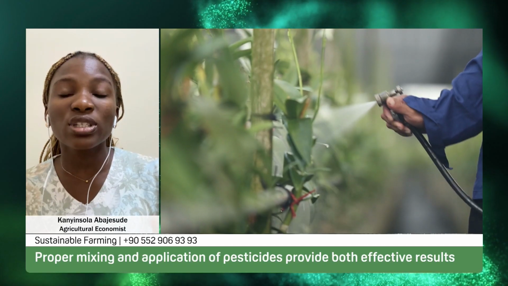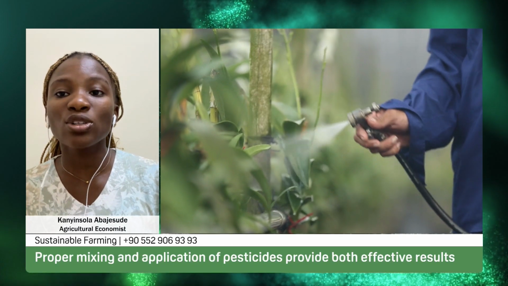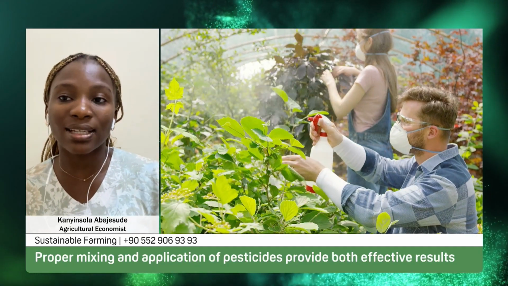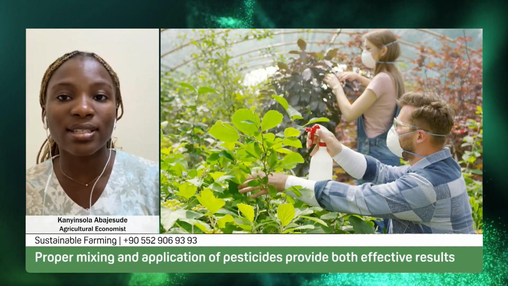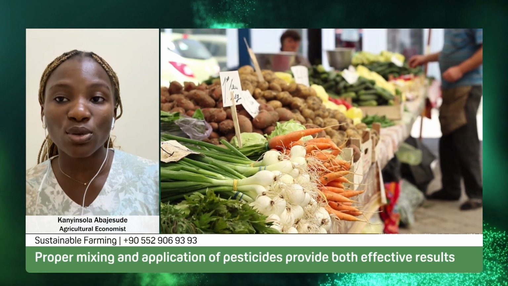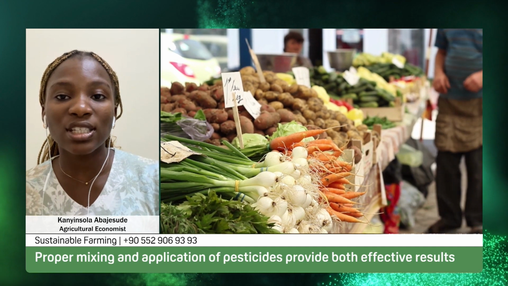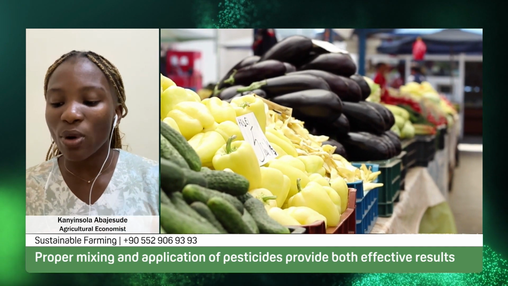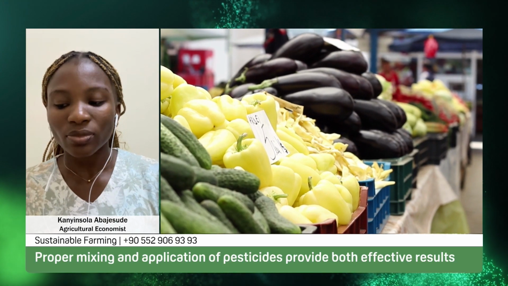When you see reasons for you to spray, that is when you should spray. You should not just spray like, okay, this is how I did it last year, then I should do it again this year. No. Or this is how I did it for this production window, then I'm going to do it again this production window. It is very important that you spray when you see signs.